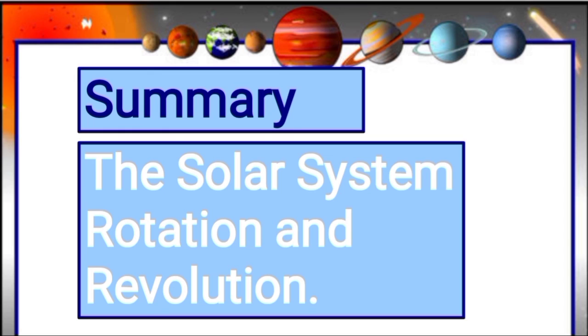Rotation causes day and night, and revolution along with the tilted axis of earth causes the seasons. It takes the earth about 24 hours to complete one rotation and 365 and a quarter days to complete one revolution.